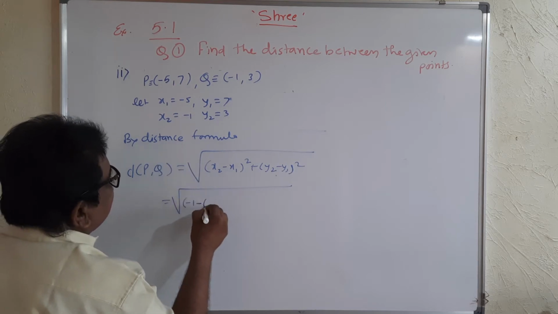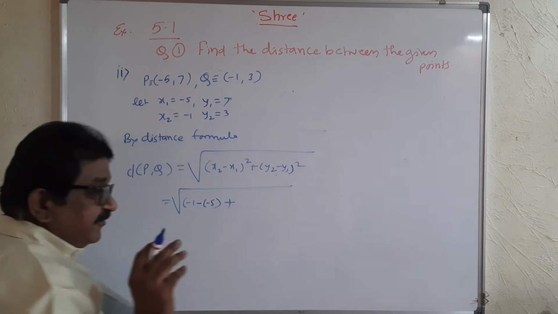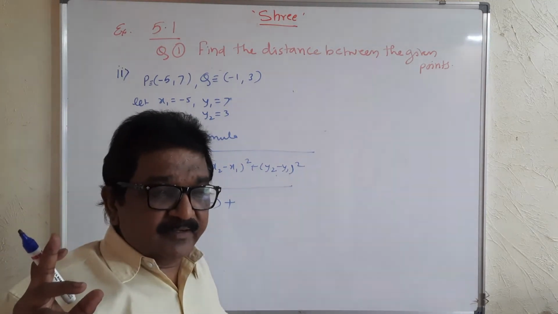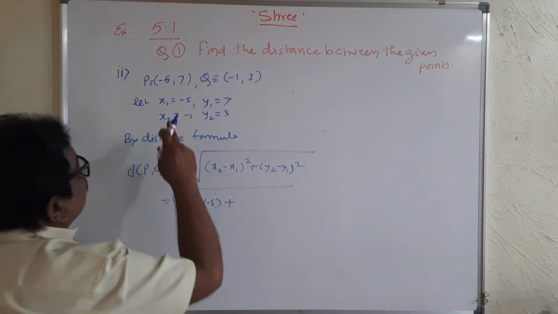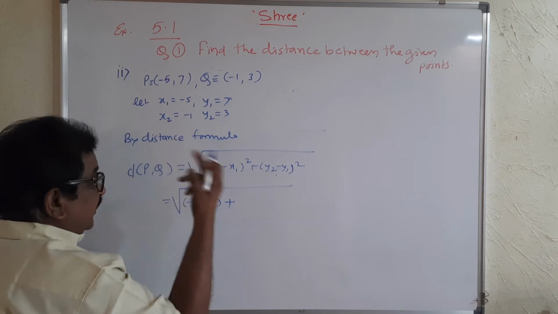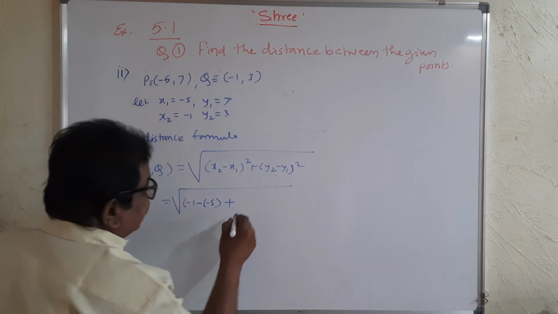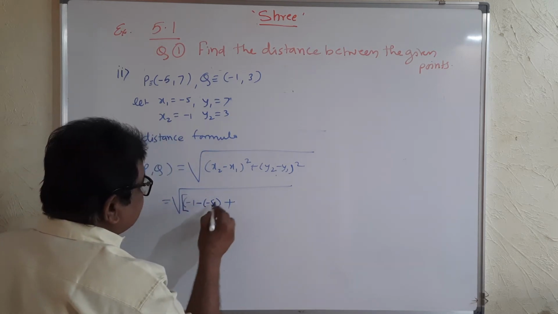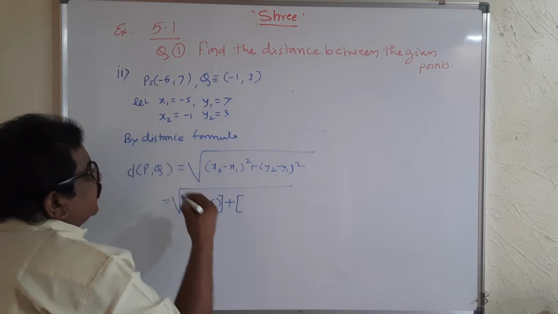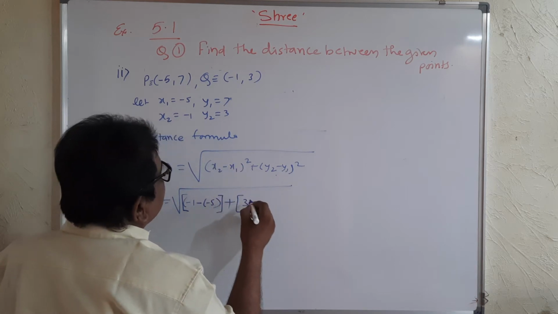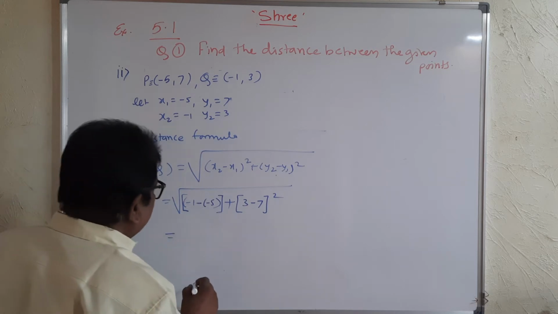Minus 5. Plus, don't forget the signs, every time I am telling you. So x2 is minus 1, minus of the formula and minus 5 of the coordinate, plus you can put square bracket also. In another bracket, what is y2? It is 3. What is y1? It is 7.